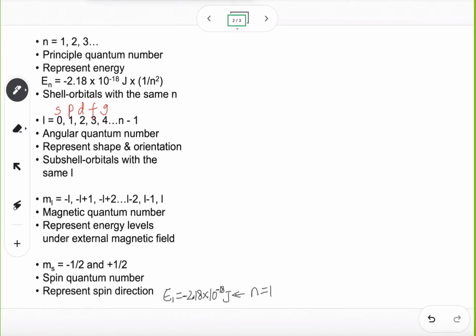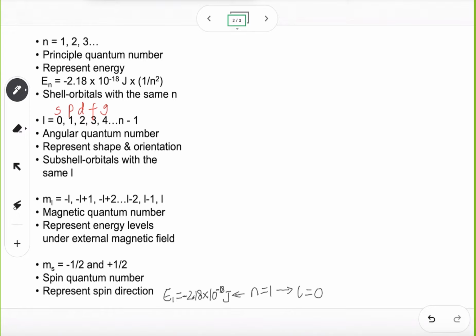When n equals 1, what's the value for L? Well, remember the value of L is defined by the value of n. The first value for L is always 0, no matter what the n value is.